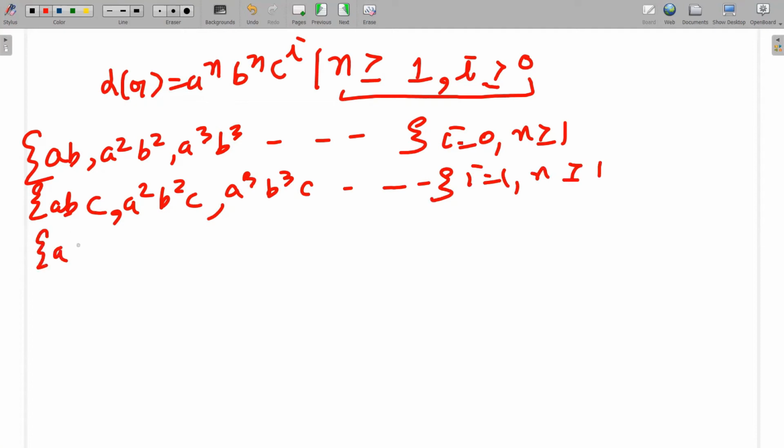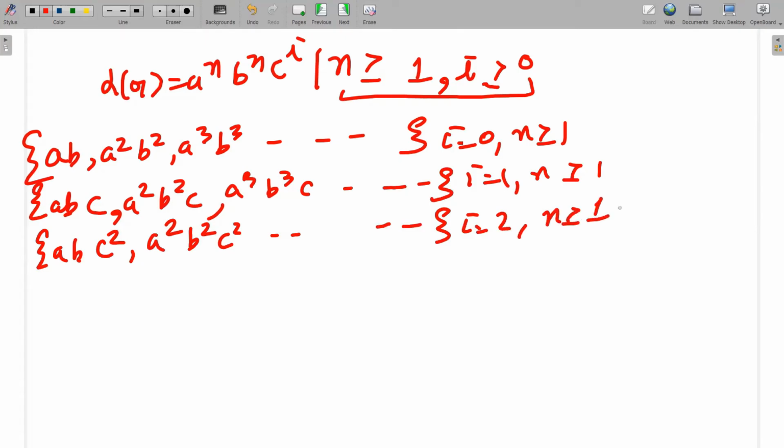And this is with the i value equal to 2 and the n value continuously increasing. Right? Now, it is clear we have to get this answer also without involving C.